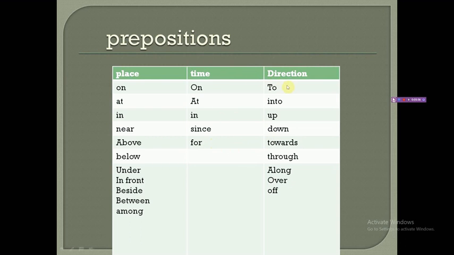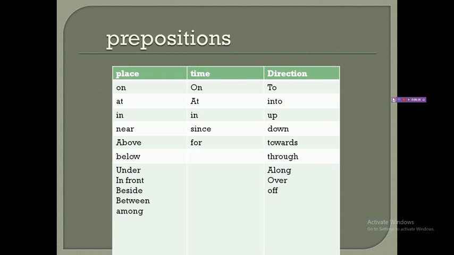Now moving on to the prepositions that denote direction. For example, students go to college. Into is a preposition which denotes movement. Some movement will be there.